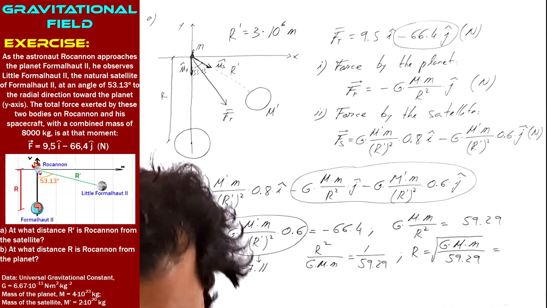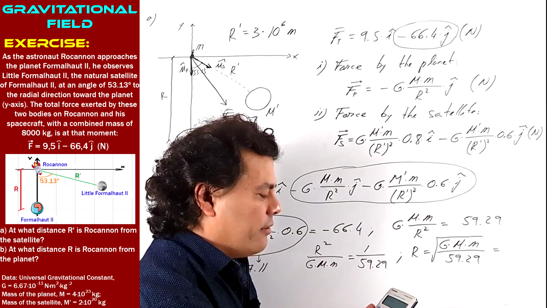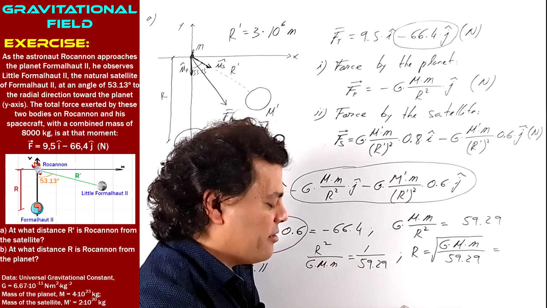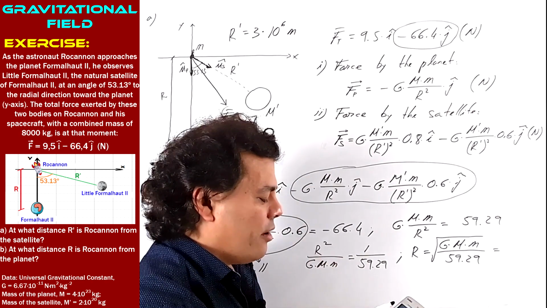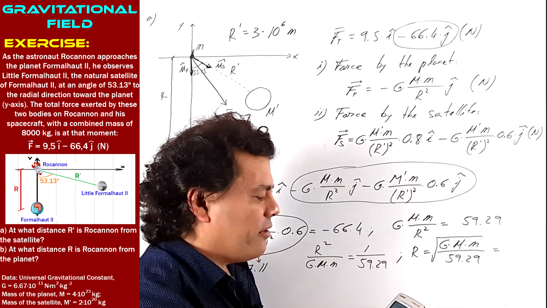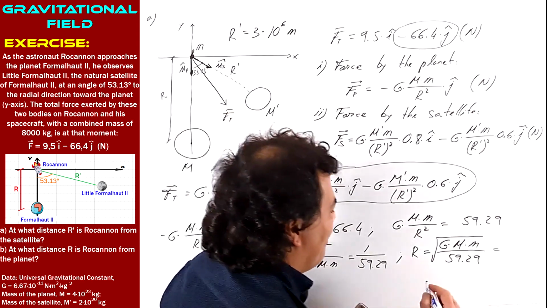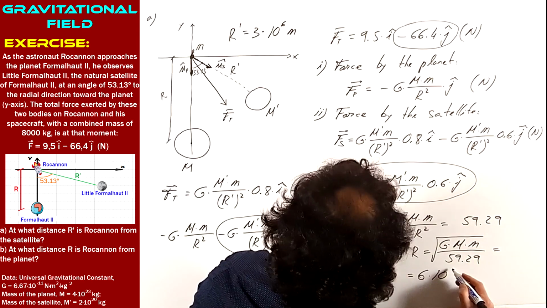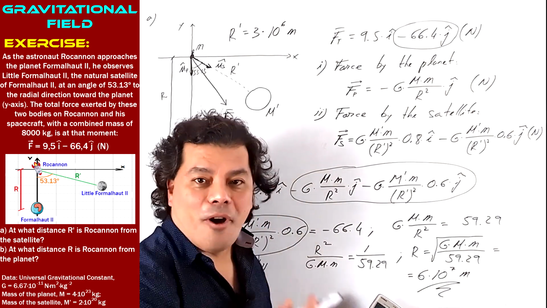We can do it together. 6.67 times 10 to the negative 11, multiplying the mass of the planet, 4 times 10 to the 23, multiplying the mass of our astronaut, 8,000, divided by 59.29, and finally, a square root. We are obtaining 6 times 10 to the 7 meters. And the problem is over.